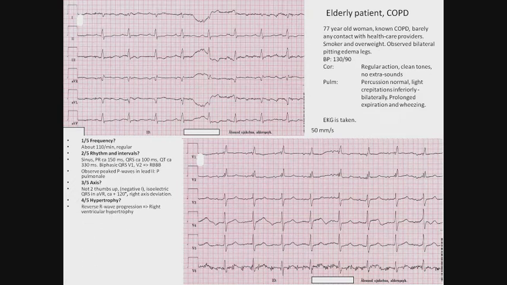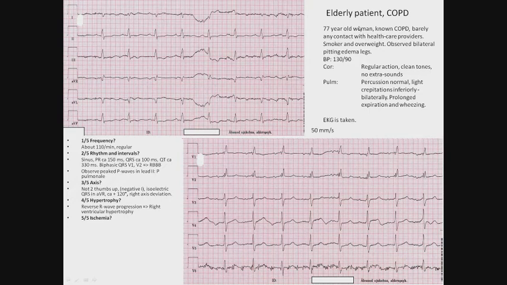Alright, so then the last point, ischemia. So we scan all leads for inverted T waves, ST segment shift, and significant Q waves. Okay, so the ST segment looks fine, and the woman did not complain about chest pain in and of itself.